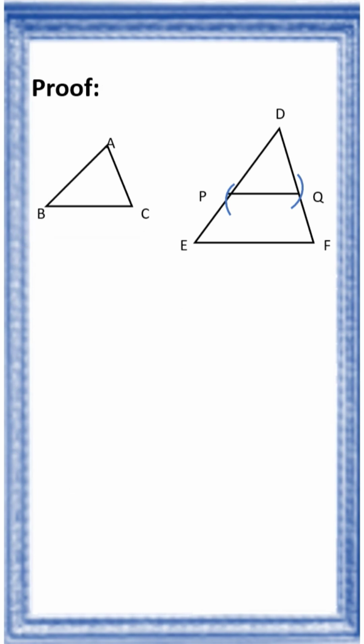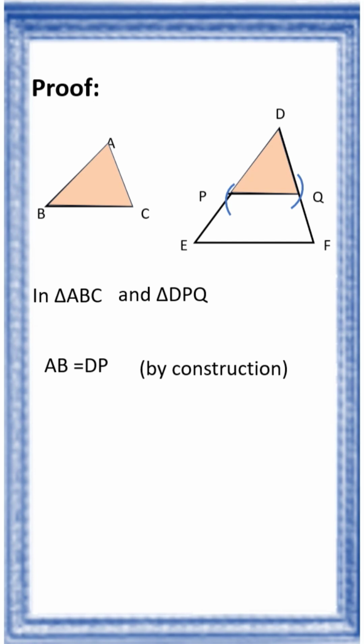Now let us prove. In triangle ABC and triangle DPQ, first let us prove that these two triangles are congruent. Means AB is equal to DP. Why AB is equal to DP? By construction. AC is equal to DQ. Angle A is equal to angle D. Why?